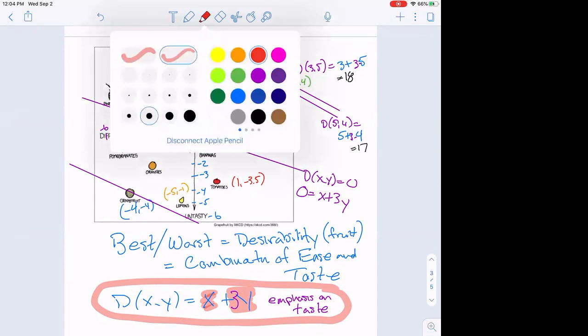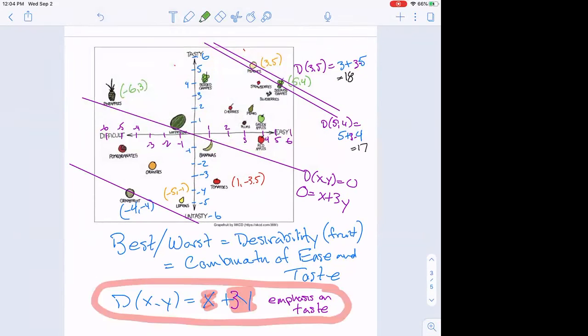Maybe your line is where the desirability balances out in the middle. That's going to be when x plus 3y equals 0. So that's going to be things like bananas and watermelons and pineapples. In this case, they taste pretty good. They're really difficult to eat, but their taste balances that out, and so they're in the middle.